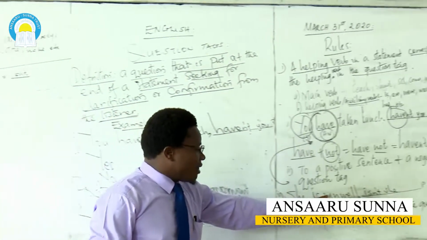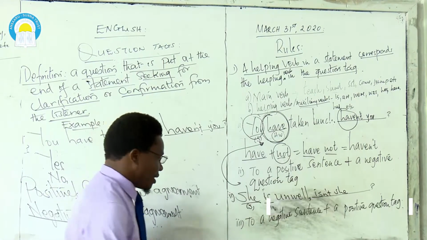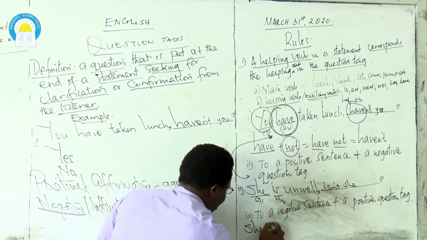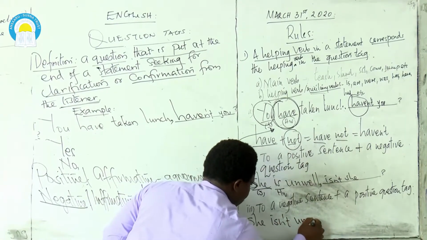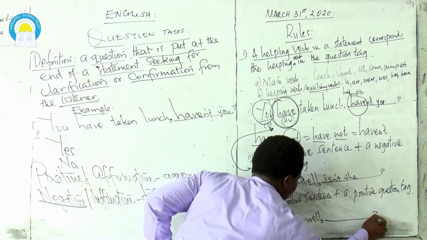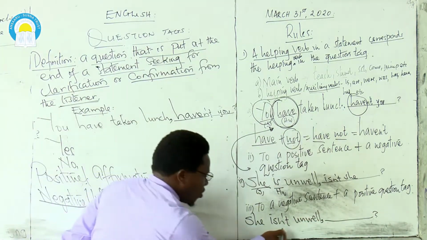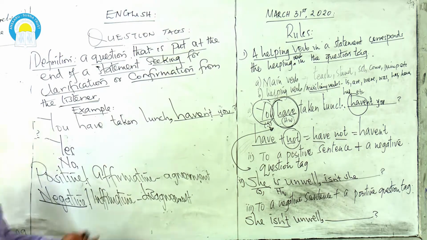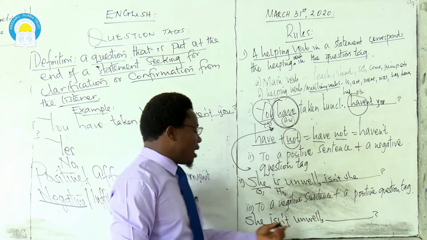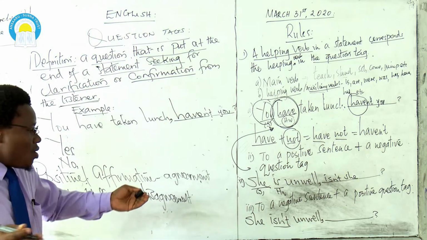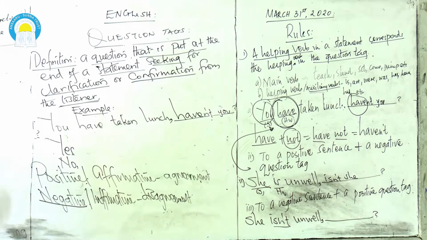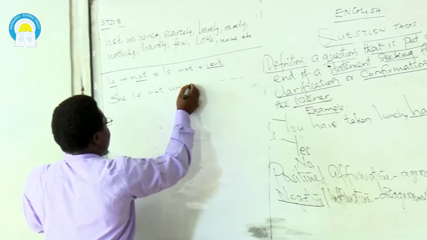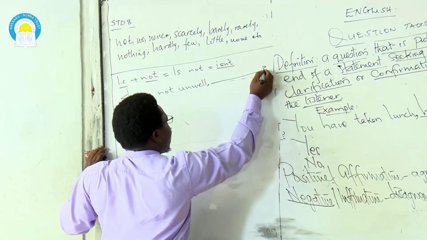We can still rewrite this sentence into the negative by saying she is unwell now becomes she isn't unwell. So the presence of not in that sentence makes it negative. She isn't unwell is the same as she is not unwell, which means she's healthy.